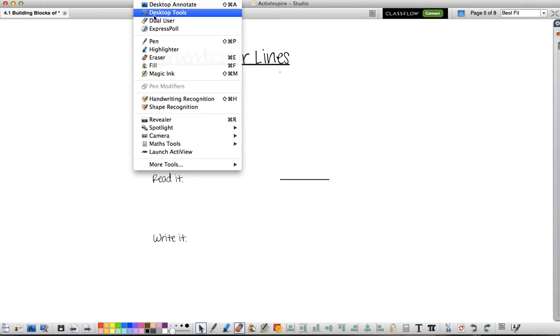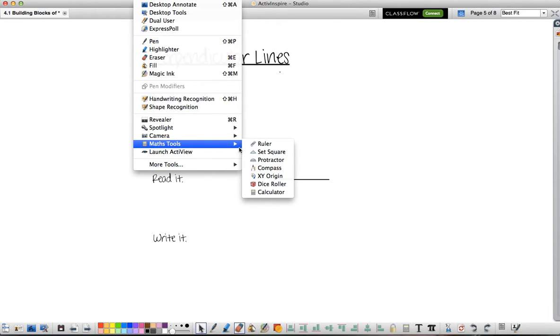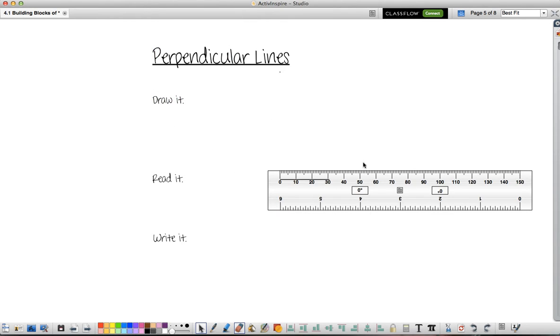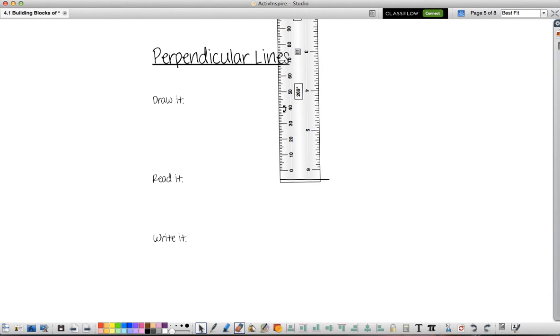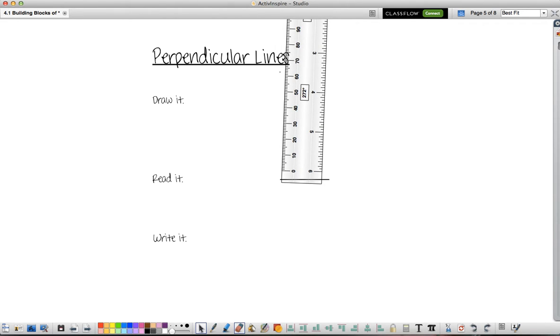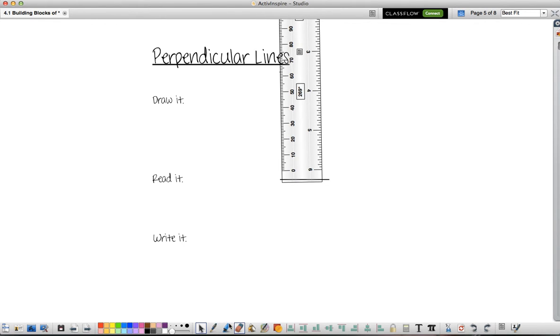Now I would use my ruler to make a straight edge with the 90-degree angle. Okay, and I want to make sure that it's nice and straight. And then I would trace, all the way from top to bottom.